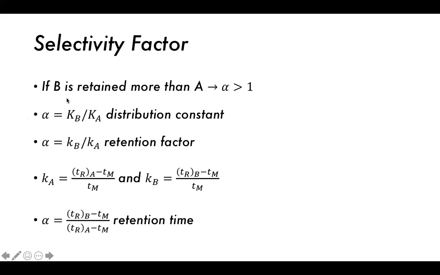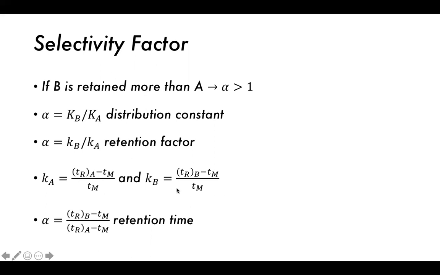So that's going to be equal to the distribution coefficient, KB over KA, as a distribution constant. And then we also have a selectivity factor for the retention factor, where it's kB over kA again. And since, of course, we have kA is equal to the total retention time of the analyte A minus the total retention time of the mobile phase, over tM.